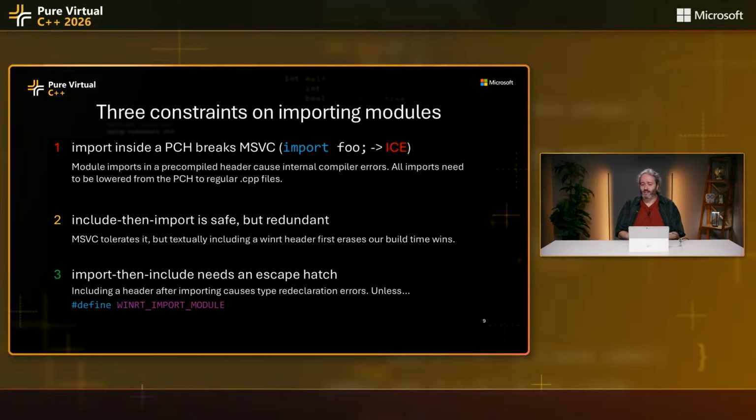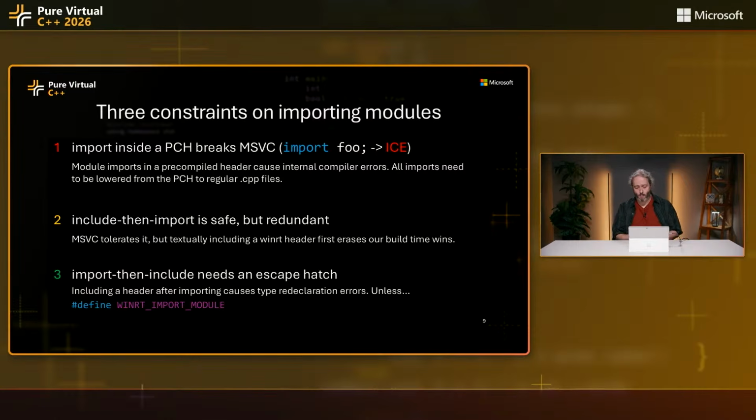I have filed a bug saying maybe this should be a diagnostic, saying you can't do this, rather than an internal compiler error. But don't do this. This means you have to lower or hoist, I don't know what the word is, but you need to take those statements out of the precompiled header, and they have to be imported individually in each of your source files. There are some techniques to make this less tedious than it sounds, I promise.